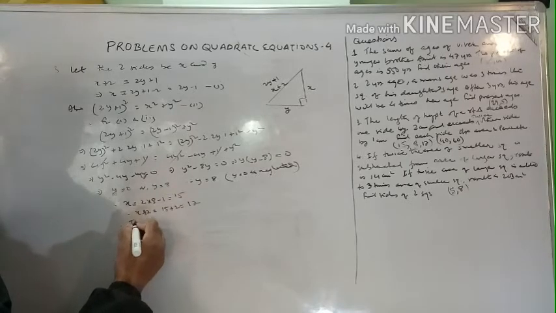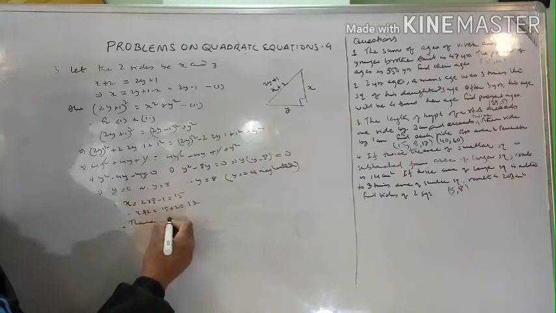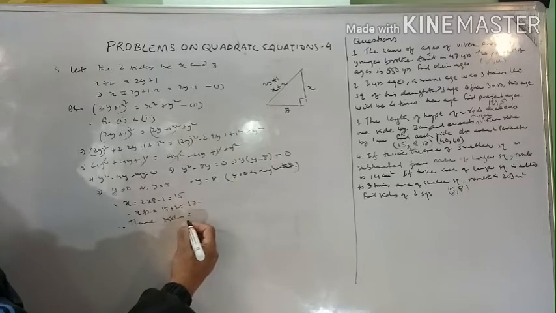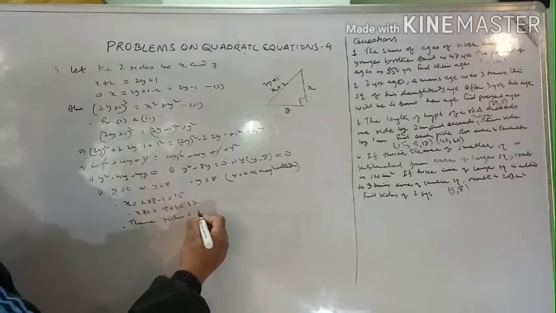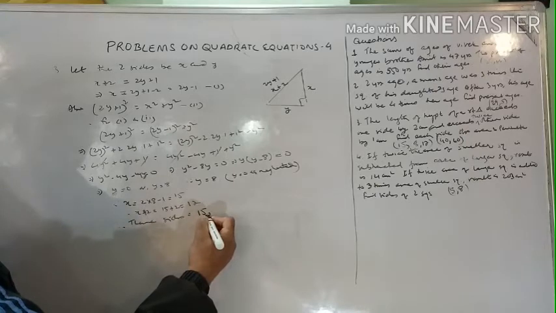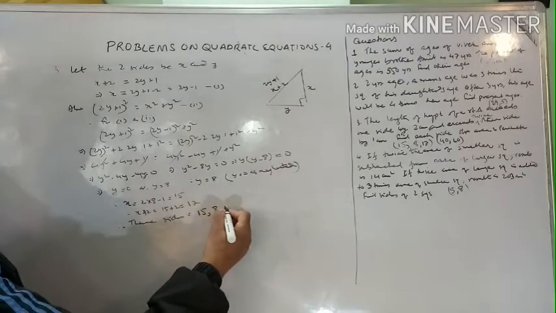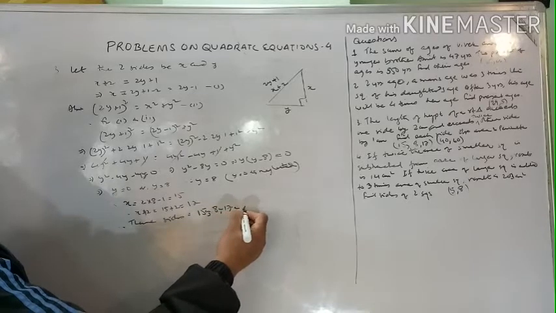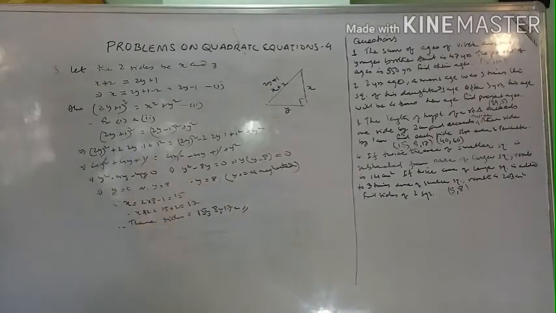So therefore the three sides are 15, 8 and 17 centimeter. Okay, these are the three sides, 15, 8 and 17. Now the question is to find the area and perimeter.